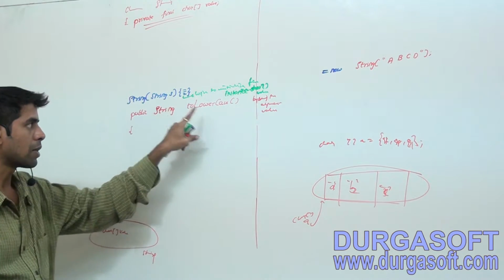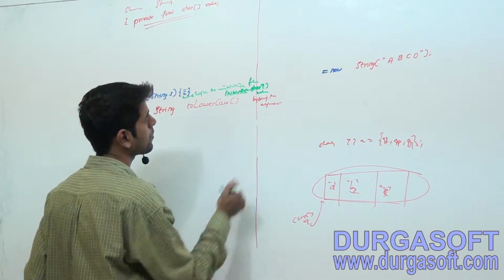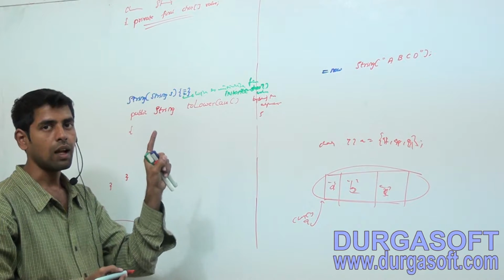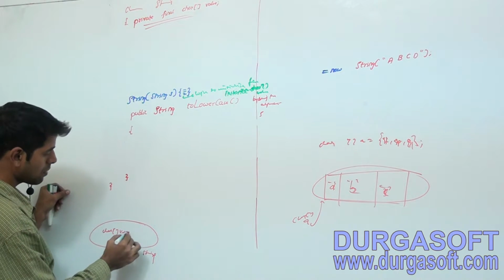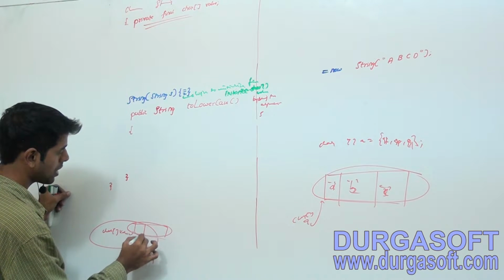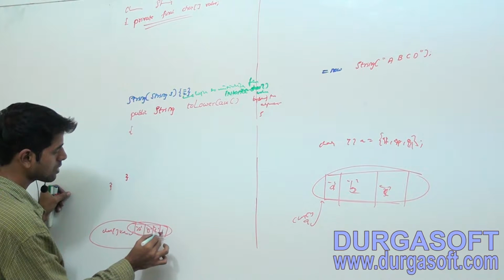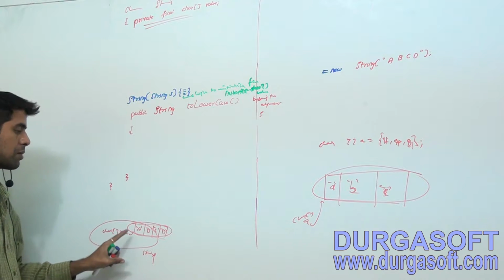Getting? Argument, yes. Now what happens? Simple thing, it will create one object. Getting? So it will be as what? A, B, C, D, right?